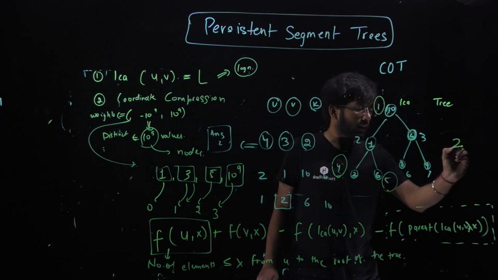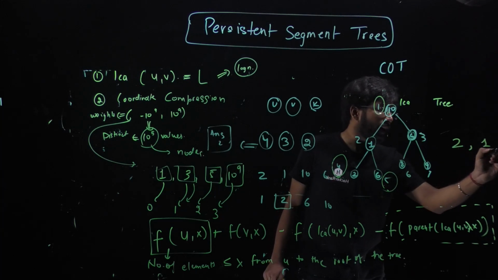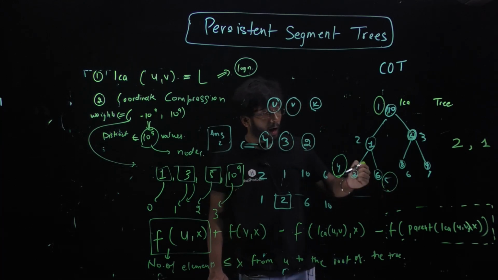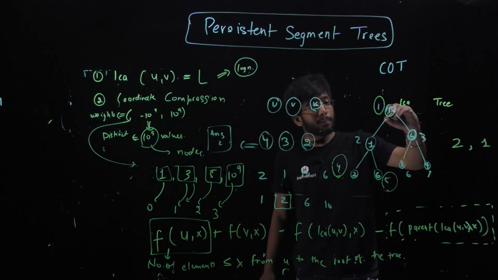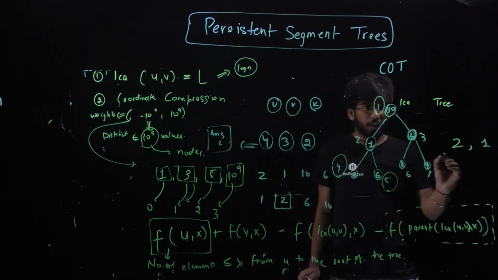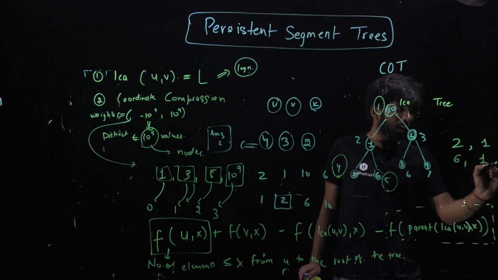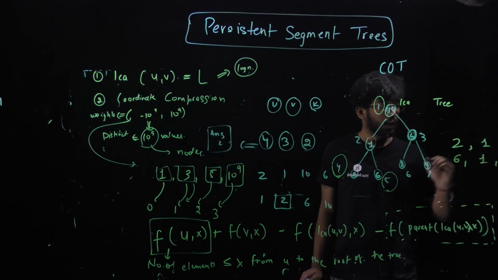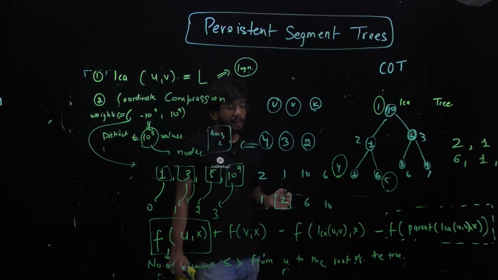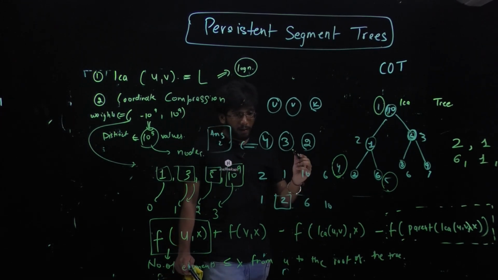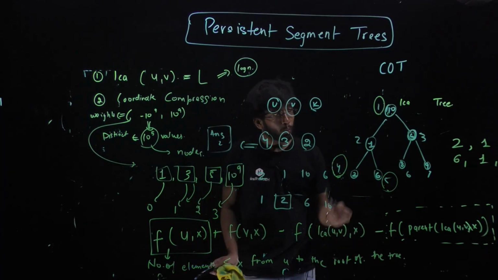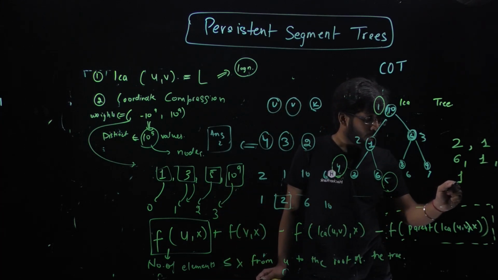So this I'll consider 2, 1 and 10, and then I can again consider all the elements from node 5 to the root of the tree, which is 6, 1 and 10. And now I need to subtract all the elements that are from the LCA of the nodes 4 and 5 to the root of the tree, which is 1, 10.